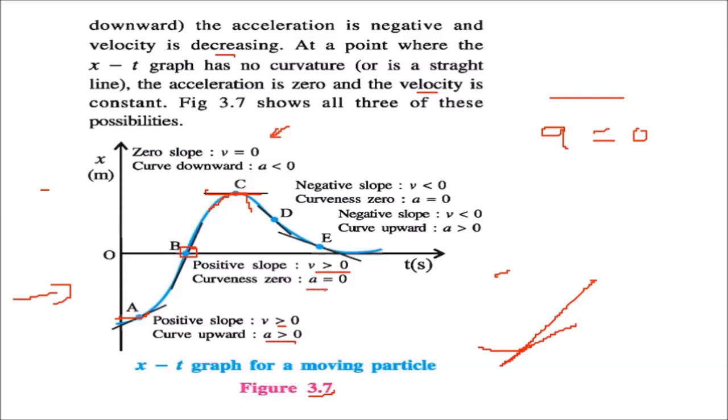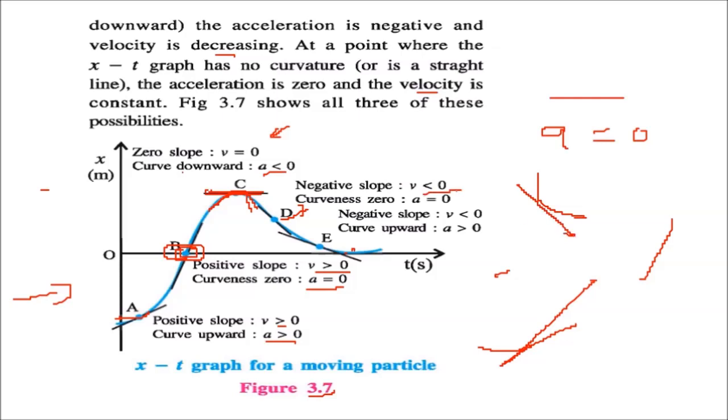This is a tangent, so we have a negative slope, v is less than 0, and acceleration is 0 because there is no curvature, it is just a straight line. When we come here, it has a negative slope, that is velocity is less than 0, and since it is curving upwards, acceleration is greater than 0.